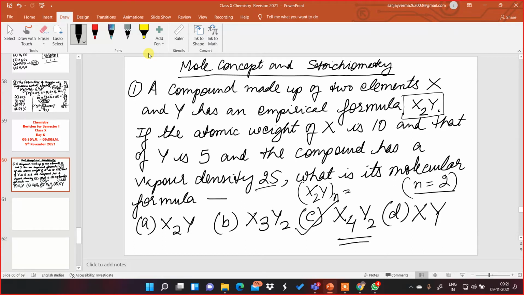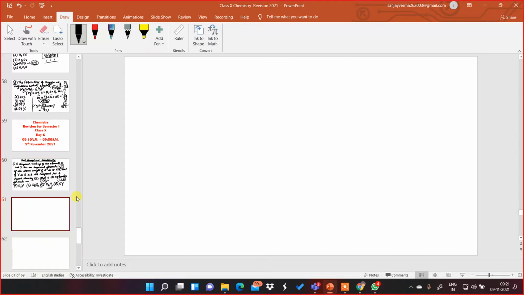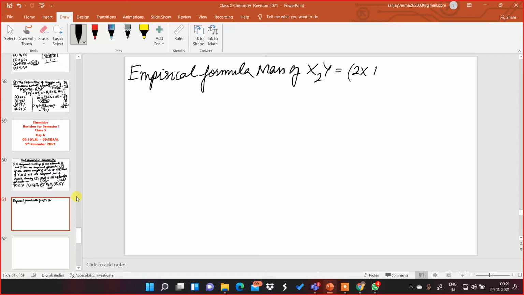If you want to know the working, I'll do the working also. Let me show you. For this sum, this is how you have to do the working in rough. Empirical formula mass of x2y is equal to twice into 10 plus 5, that comes to 25.